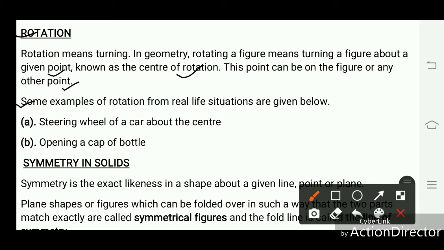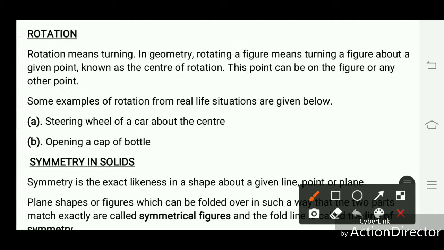Some examples of rotation from real life situations are given below. Example A, the steering wheel of a car about the center. So the steering wheel of a car rotates about its center.